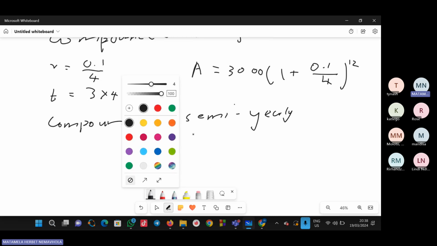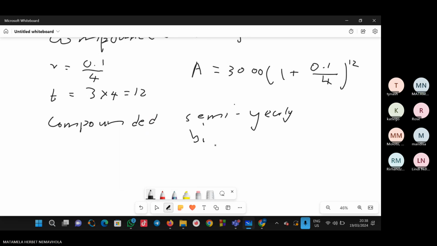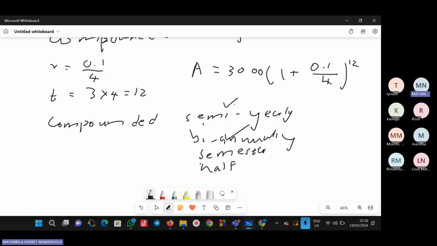They can also say compounded biannually. These are synonyms. The question can say compounded semesterly, maybe semester, which is half of a year. I'm just giving you that word in case they use it. Or compounded half yearly. But normally, the ones they use are semi-annually, biannually and half yearly.